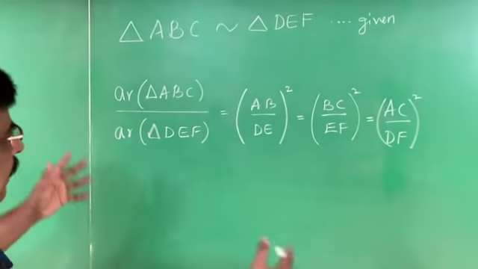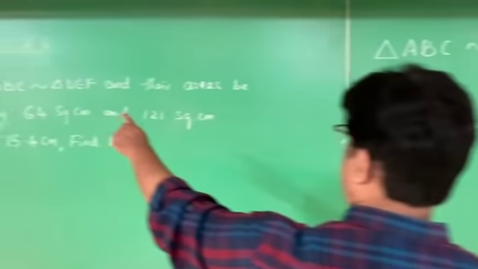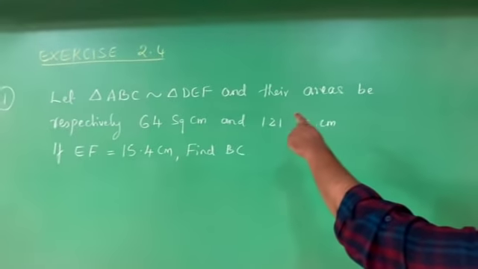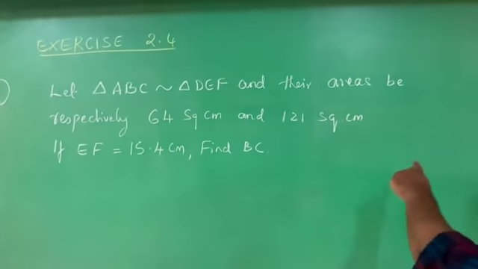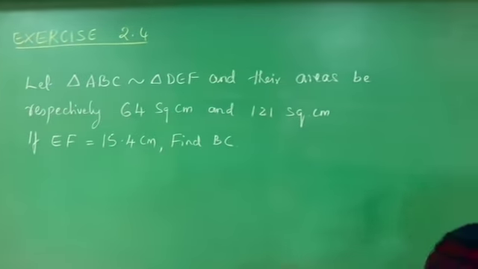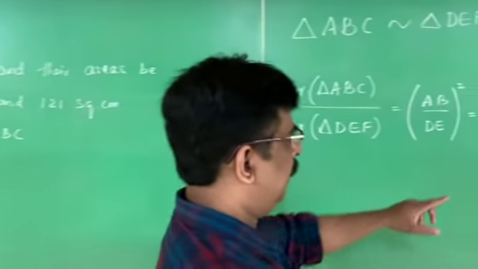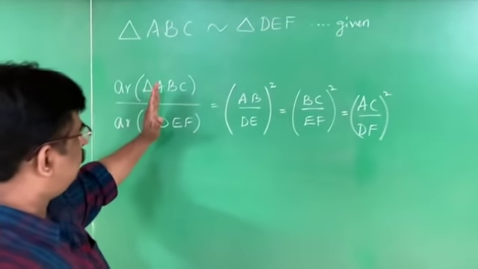Now, what is given in the problem? Triangle ABC is similar to triangle DEF and their areas are 64 and 121 square centimeter. EF is given, and I want BC. Where is EF? EF is in the second ratio. Therefore, I select this one and this one.